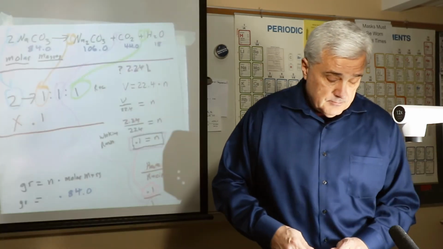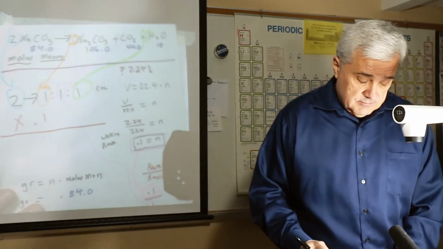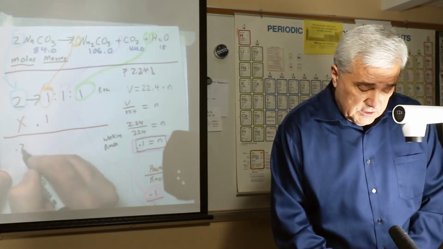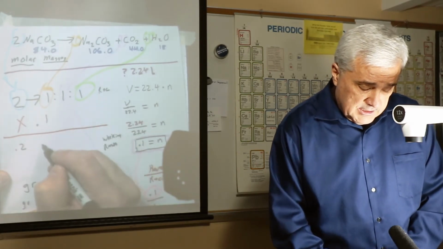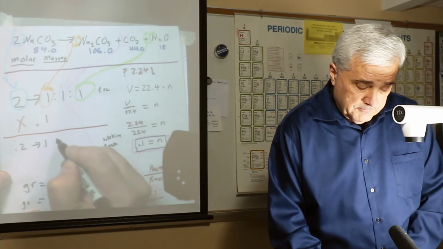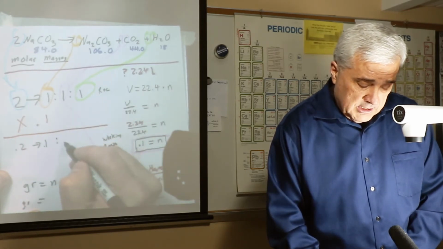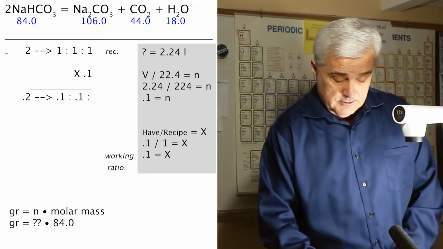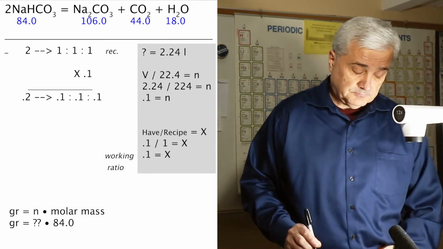And I'm just going back to black because it's not that hard. 2 times 0.1 is 0.2. 1 times 0.1 is 0.1. 1 times 0.1 is 0.1. And 1 times 0.1 is 0.1.